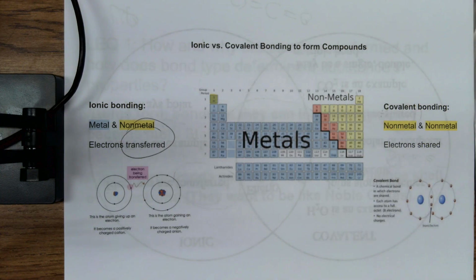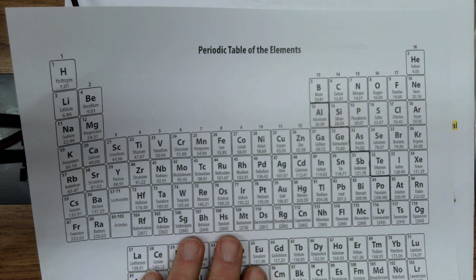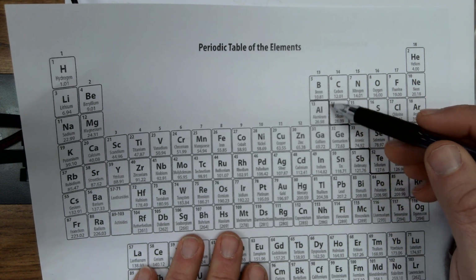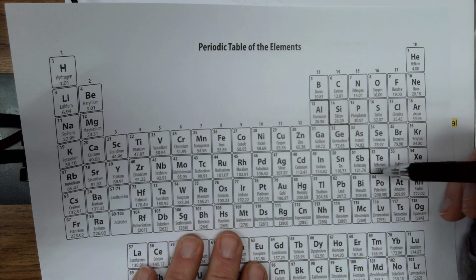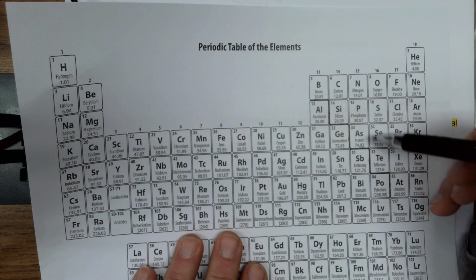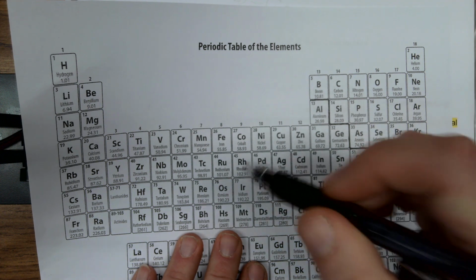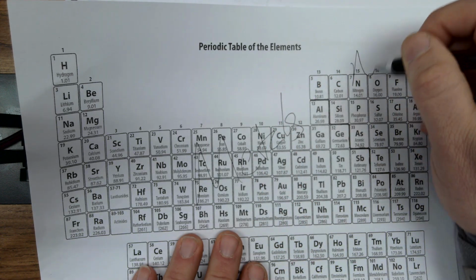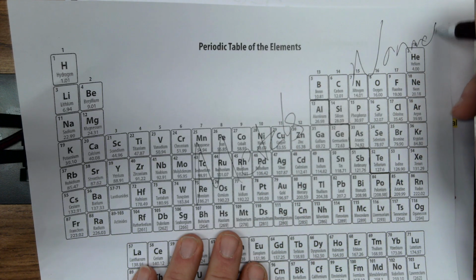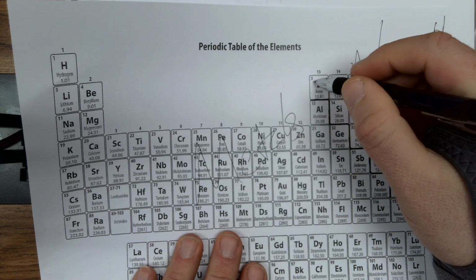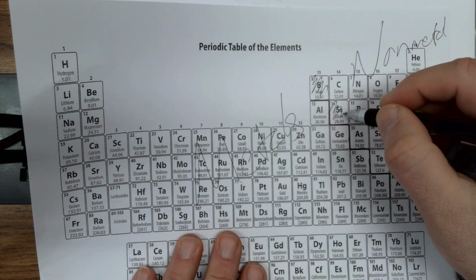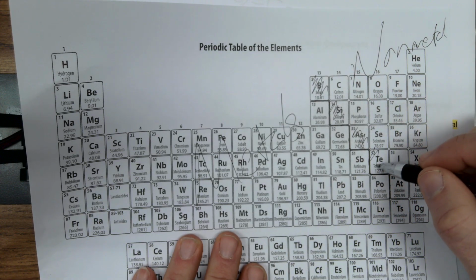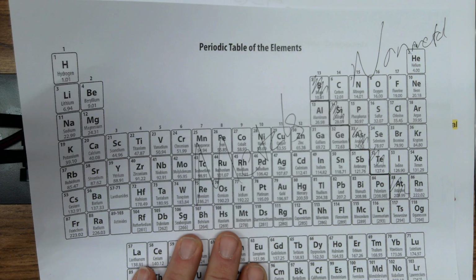It's very important that we know where we find our metals and where we find our non-metals. On your periodic table, you see this bold line looking like stairs going down. This line separates my metals from my non-metals. The items that sit on the steps are my metalloids.